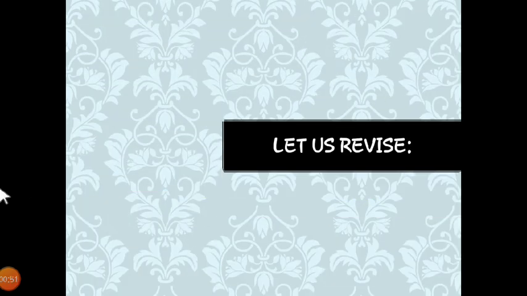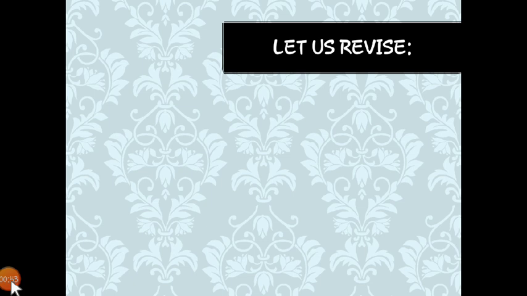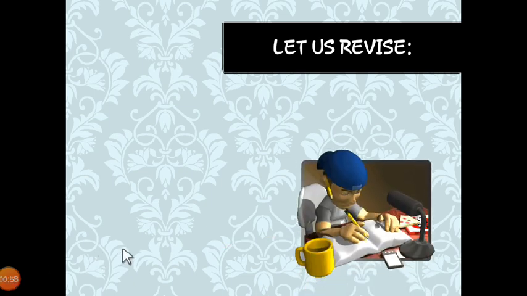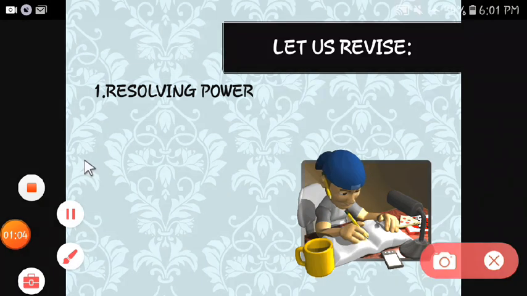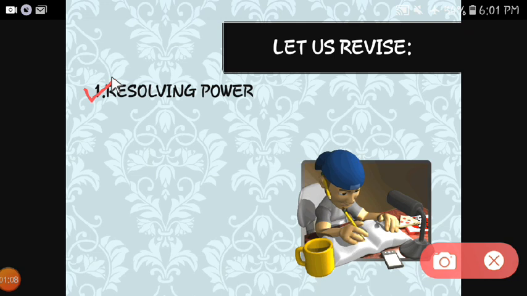First, as we always do, we are going to revise what we did in yesterday's lecture. The first point is resolving power. The ability to distinguish two physically separated objects as two distinct objects is nothing but the resolving power of any optical instrument also.